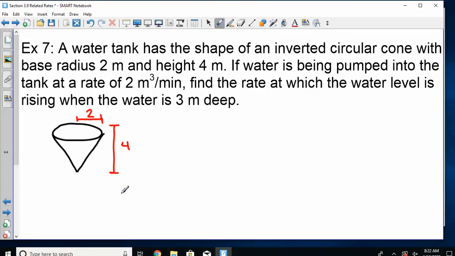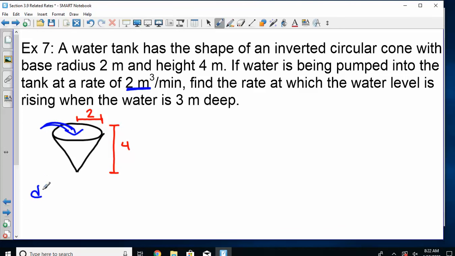Water is being pumped into the tank at a rate of 2 cubic meters per minute. Find the rate at which the water level is rising when the water is 3 meters deep. So what's happening is we are filling this up, dumping water in here. The rate of that, if I'm talking about cubic meters, what is that? Volume.